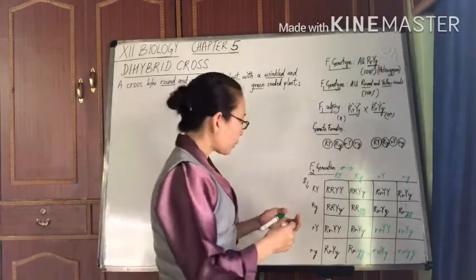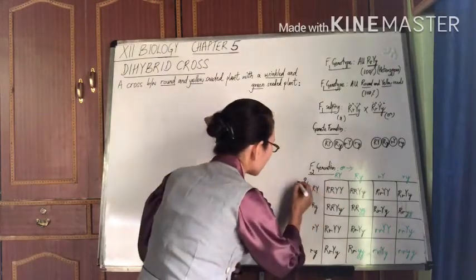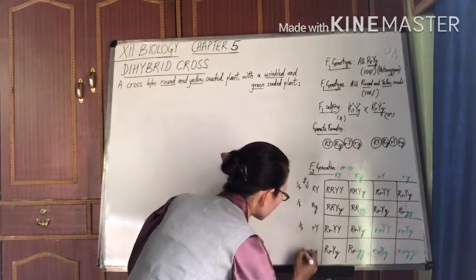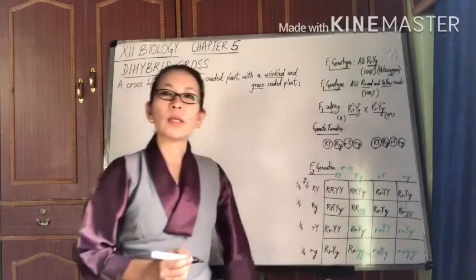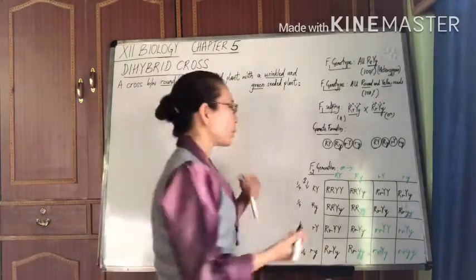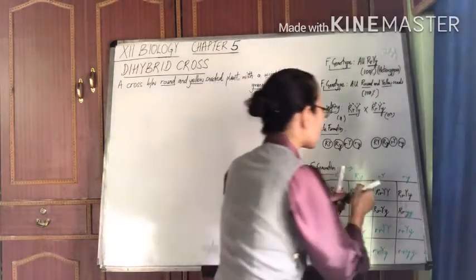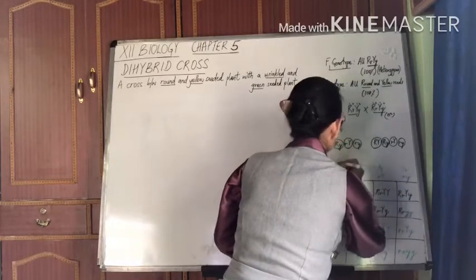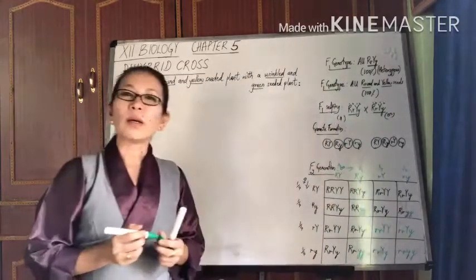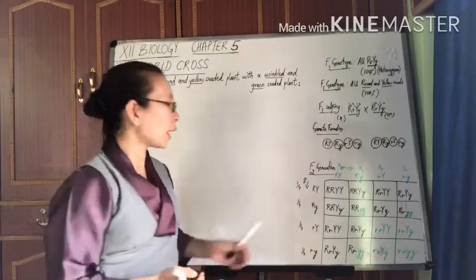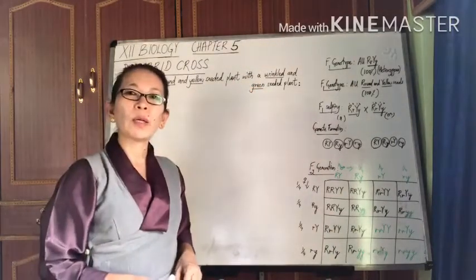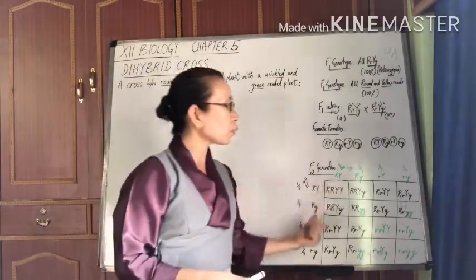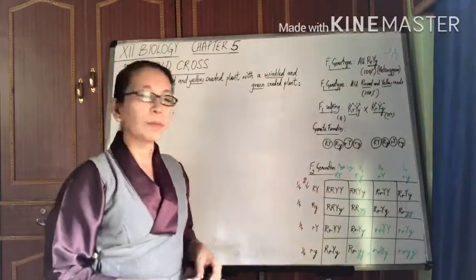So each of these has an equal chance of fusing with any of the other gametes of the opposite parent. Likewise, each of these male gametes has an equal chance of fusing with any of the other female gametes. Okay, so in that way we are able to apply the rules of probability. Specifically, we are looking into the products of the probabilities here.